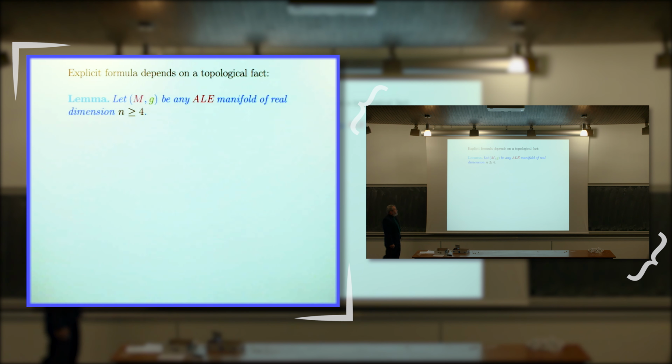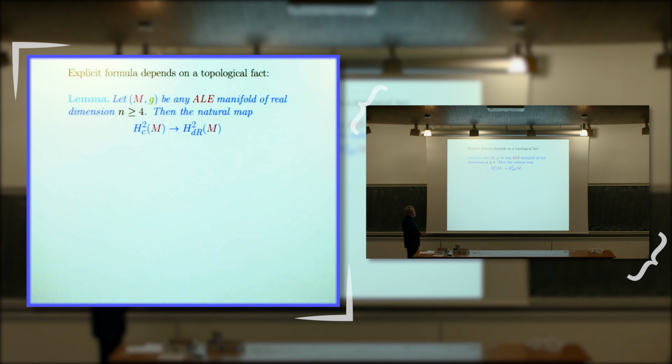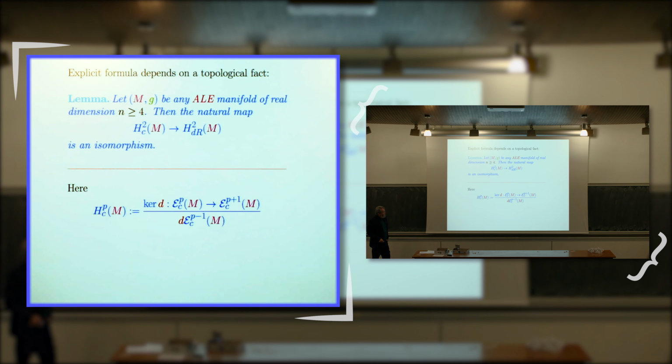All right. So here's the explicit formula that Hajo and I found. In order to explain it, I have to first point out a topological fact about these manifolds. The natural map from compactly supported de Rham cohomology to de Rham cohomology is an isomorphism in these cases. This is actually a topological fact.